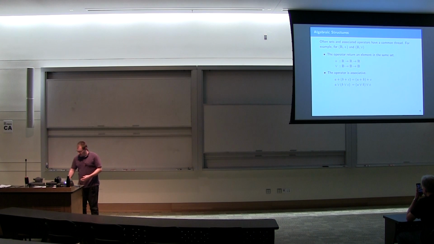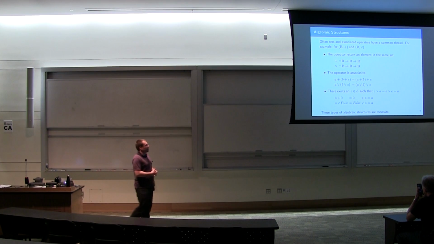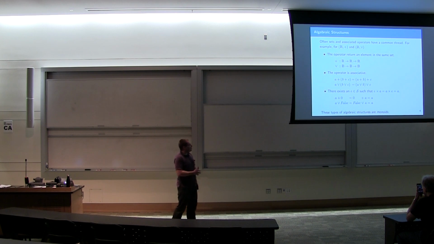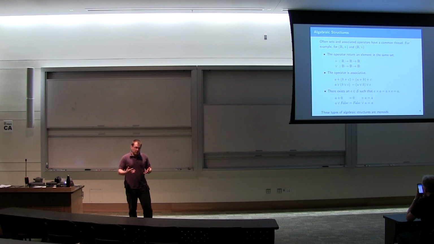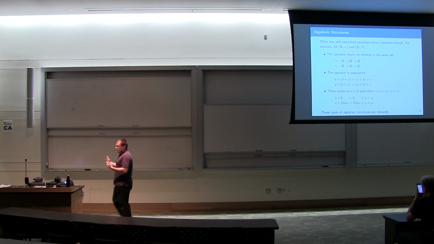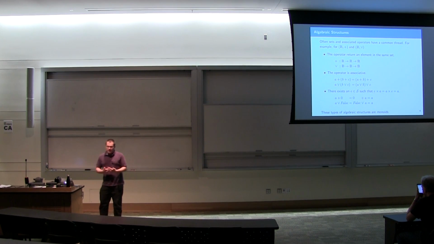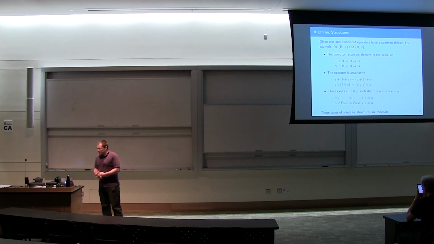And then one final thing that they share in common is that there exists an element, called the identity element, inside the set, such that when you perform the binary operation with the identity element and a different element of the set, you always get back that other element. So for addition, it's 0, right? You just add 0 to whatever number you have. It's the same as having done nothing. And for OR, it's false, right?